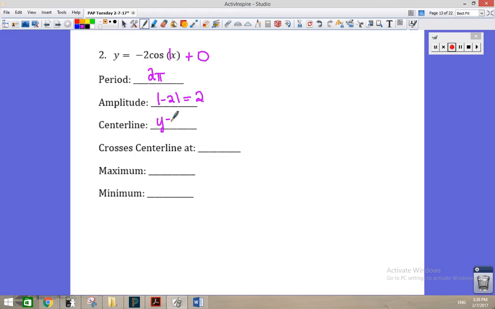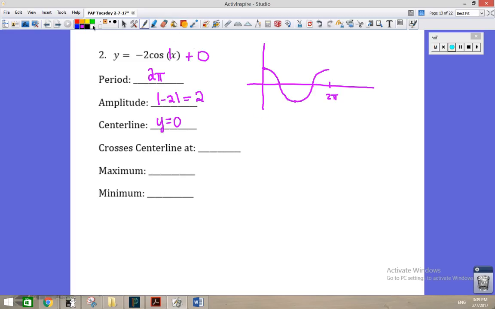So the center line is at y equals 0. Normally, our cosine curve looks like this. The 2 pi. But we've not only stretched it, we've reflected it.